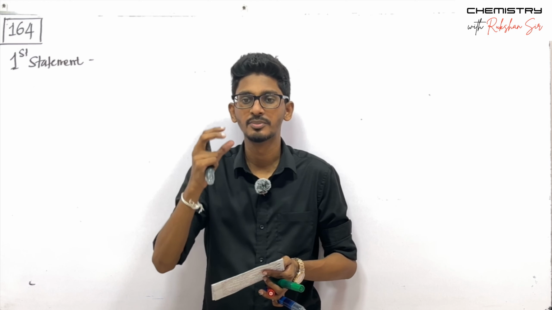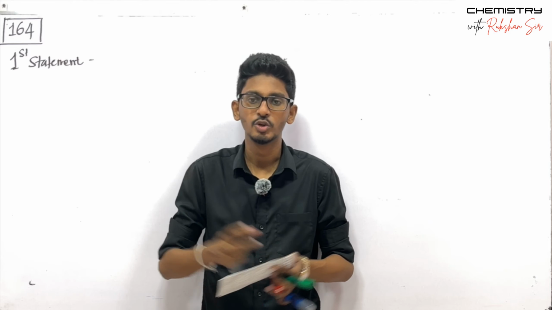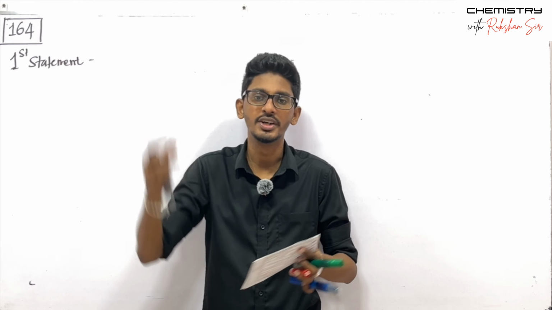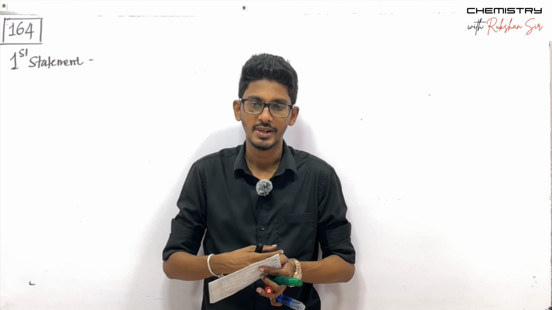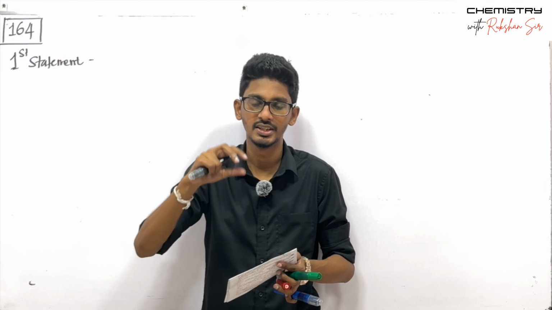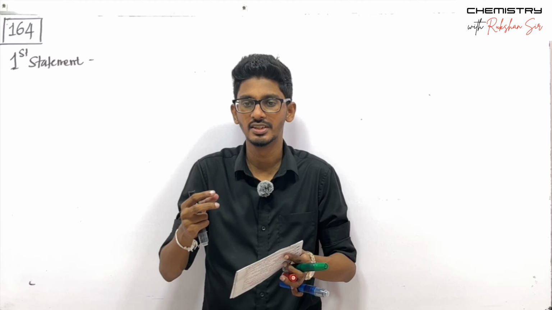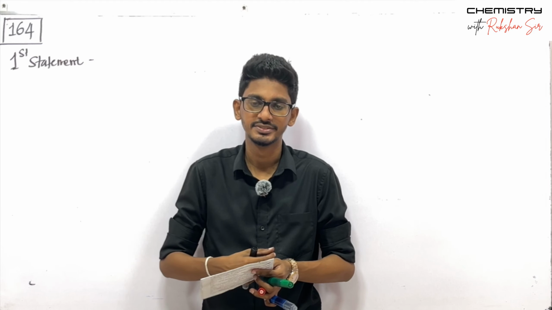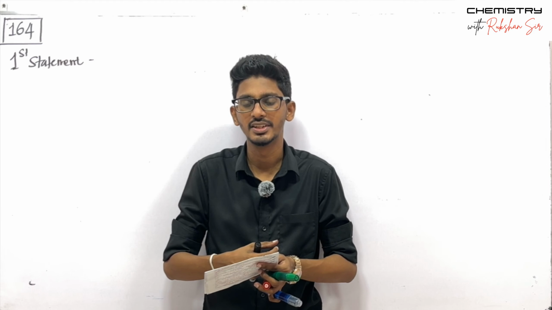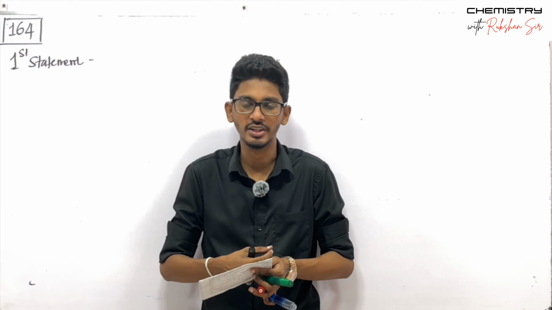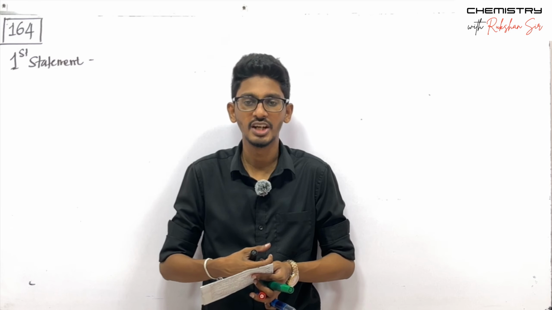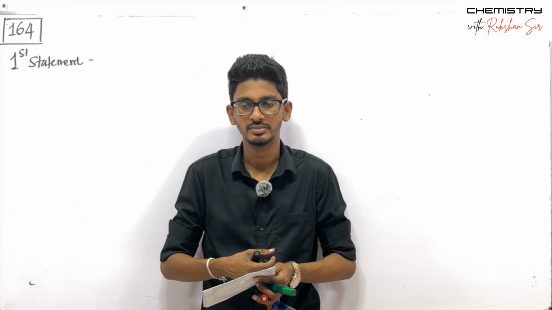Only in the presence of excess NH3, those NH3 molecules will go inside the complex by releasing the trapped water. By releasing the water ligands, the copper 2 plus will grab the NH3 ligands only if the NH3 concentration is very high in the medium.